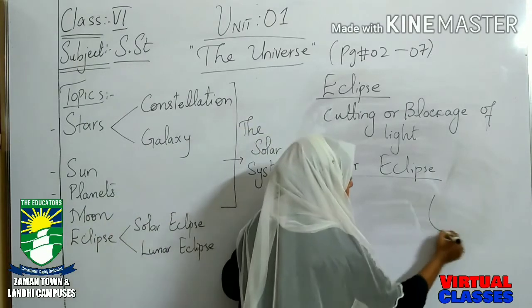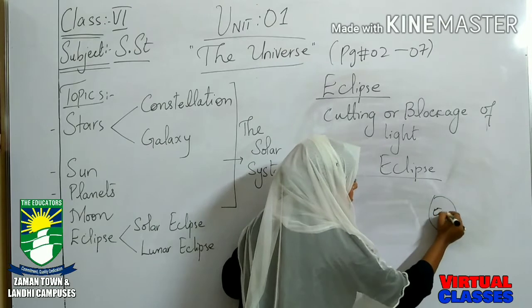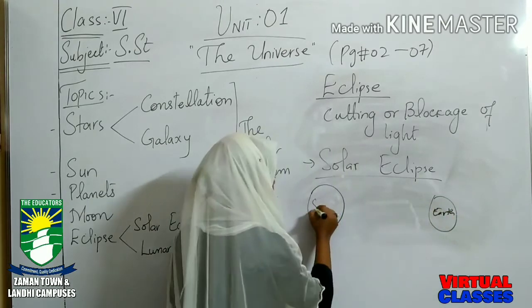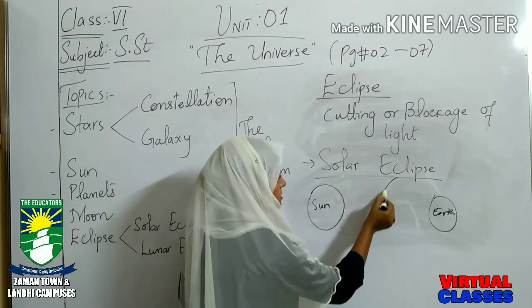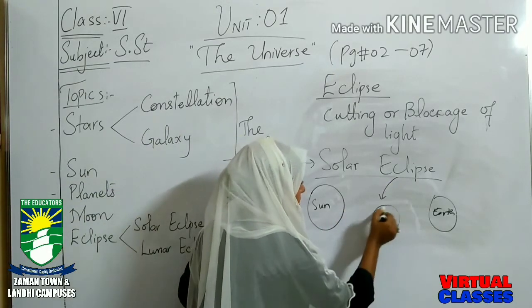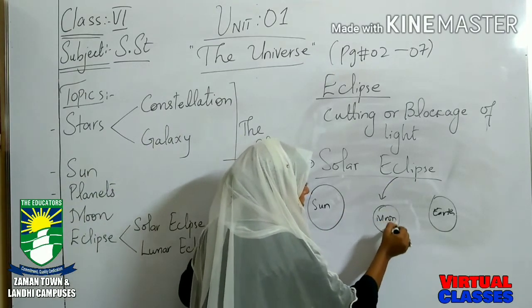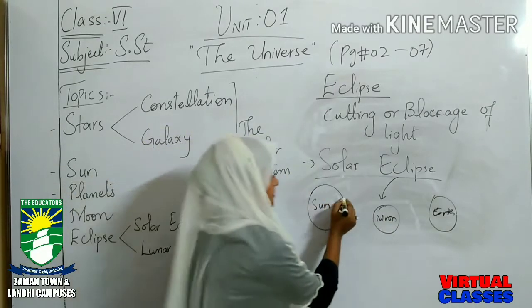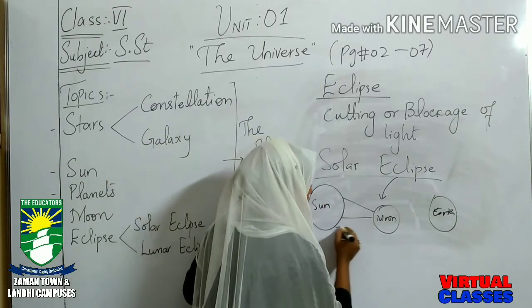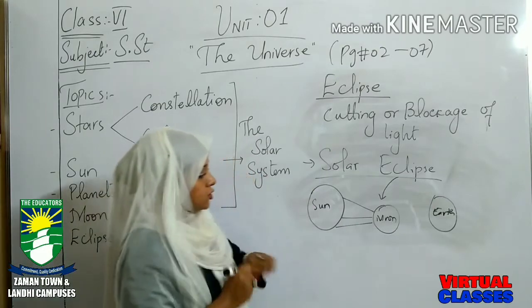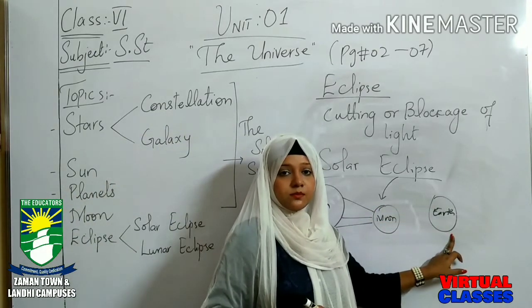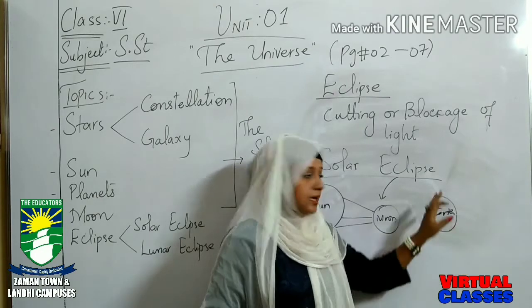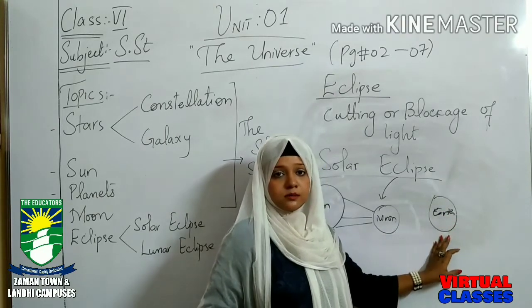If this is the earth and this is the sun, then the moon comes in between them, blocking the light of the sun reaching the earth. It results in darkness on the earth.